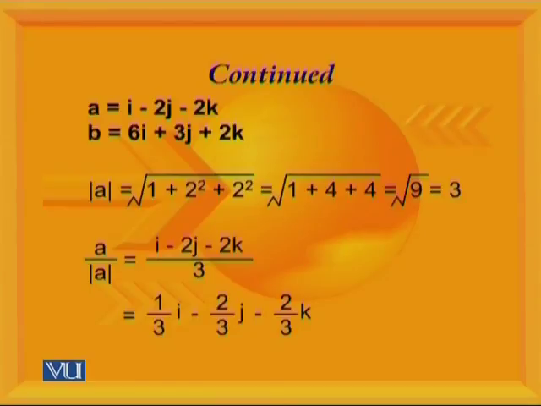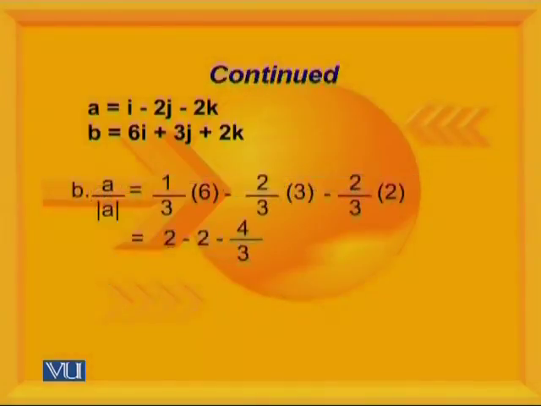As we have discussed, the scalar component will be equal to B dot this unit vector, which will give us 6 into 1 by 3 plus 3 into minus 2 by 3 plus 2 into minus 2 by 3, which is equal to 2 minus 2 minus 4 by 3, which is equal to minus 4 by 3.